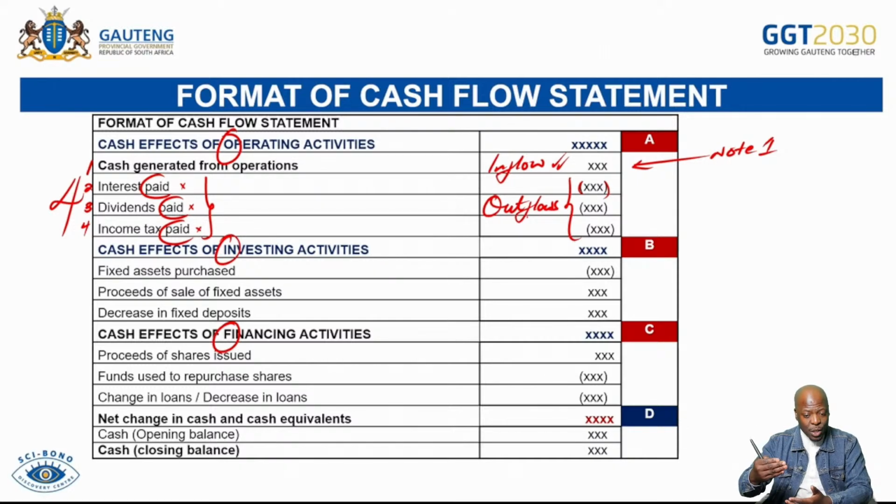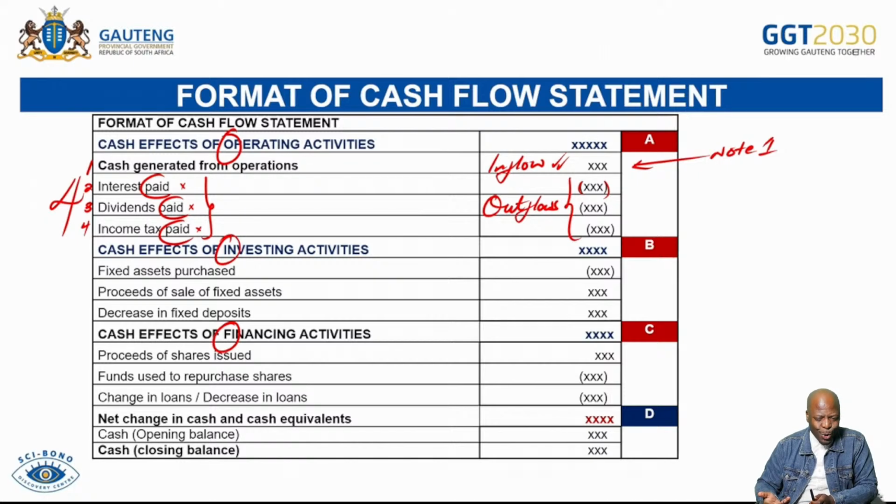Cash is flowing out. When we pay for interest, cash is going out. When we pay for dividends, cash is going out of the company. When we pay for tax, cash is going out of the company. We have paid. So it's a cash outflow. That is the first part. That is our operating activities.